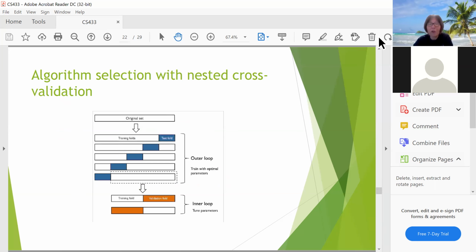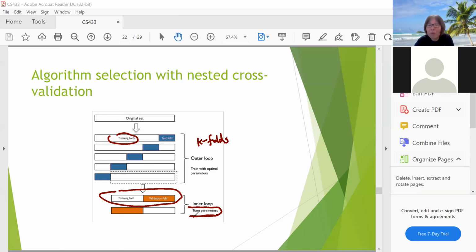And if we take a look at this diagram, that helps us understand better. So the outer loop, in this case, is k-folds. And we have the training part, for which you also do the training and validation. This is the inner loop. The purpose of the inner loop is to tune parameters.